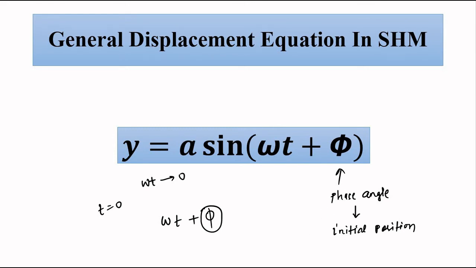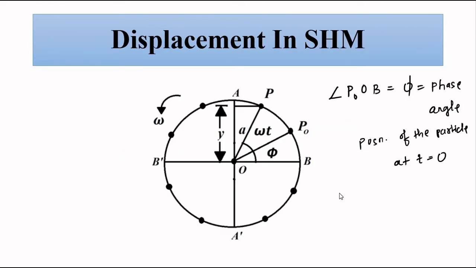Similarly, let us say here where the position is P0, phi is somewhere between 0 and 90 degrees, or pi by 2 radians. Suppose the position is somewhere here, then it will be greater than 90 degrees and lesser than 180 degrees, or greater than pi by 2 and lesser than pi. Similarly, if it is starting exactly at B dash, then it will be 180 degrees or pi radians.